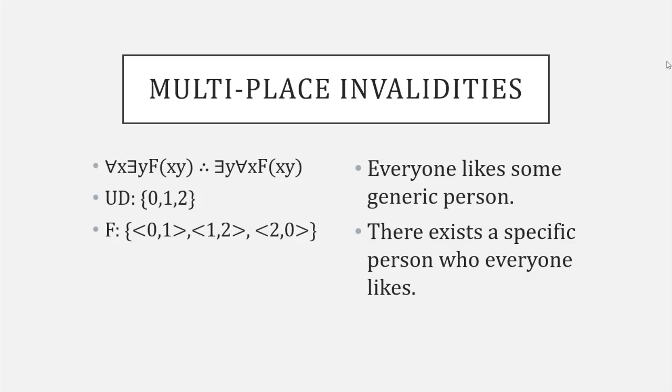Quick question. When we're doing questions like this, how do we know how big the universe is? It's a good question. How do you know how many objects the universe has? What I'm going to recommend is that you slowly build up your universe of discourse.